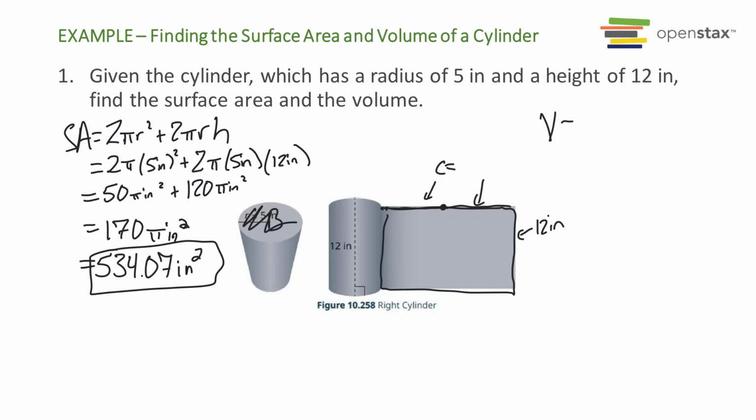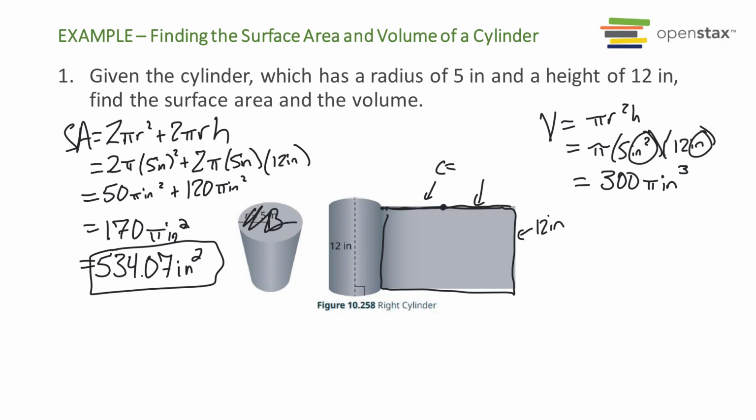For the volume, it's just pi r squared times the height. So pi times 5 inches squared times 12 inches. And so that's going to be 25 times 12. That's 300 pi. Now this time it's inches cubed because you had square inches times an inch.